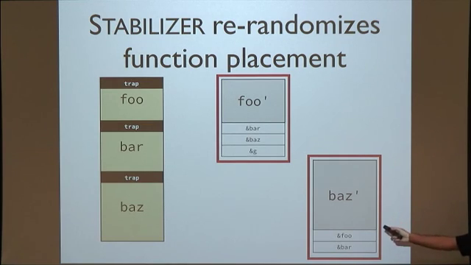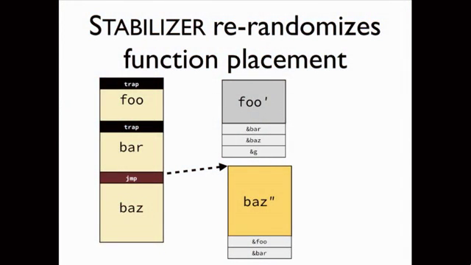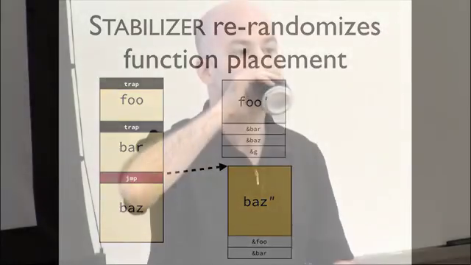They're sort of potentially garbage, but somebody could be running in them right now. They could be on somebody's stack. So it generates these new versions. And periodically, during this re-randomization period, Stabilizer walks the stack looking to see if these things can be reclaimed.